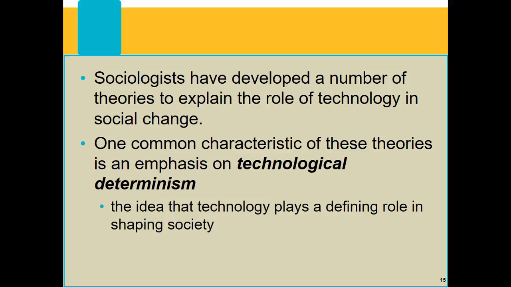So, two countries go to war. One country has dramatically more advanced technology. That country may be more likely to win the war. Or a bunch of people involved in a social movement have a new technology. Let's say it's 2008 and Twitter is just starting to pop off, right?